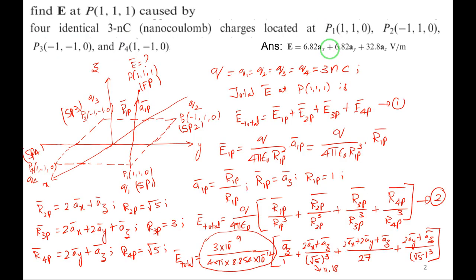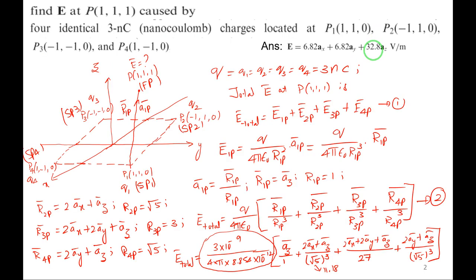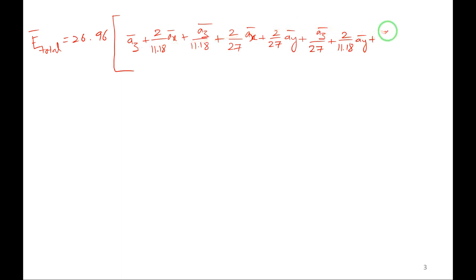Plus, already root 5 I have: 2 by root 5 whole cube is nothing but 11.18. So 2 by 11.18 AY plus AZ by 11.18. I have this.